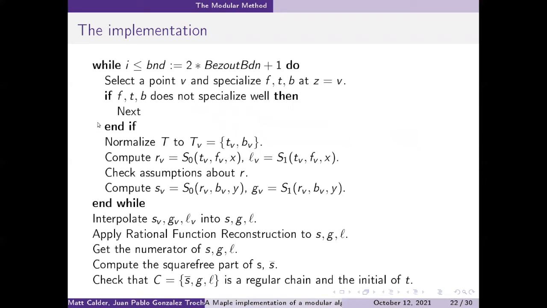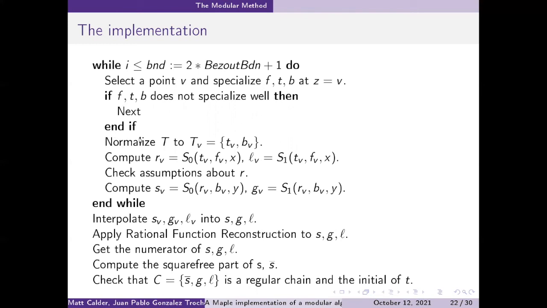The implementation. We run this implementation while we don't have enough images, namely 2 times the Bezout bound plus 1. So we select a point and we specialize F, T, B at Z equal to that point. If F, T, B does not specialize well, then we go to the next point. This means that the degree of F, T, and B is not equal to the degree of their specialized image.